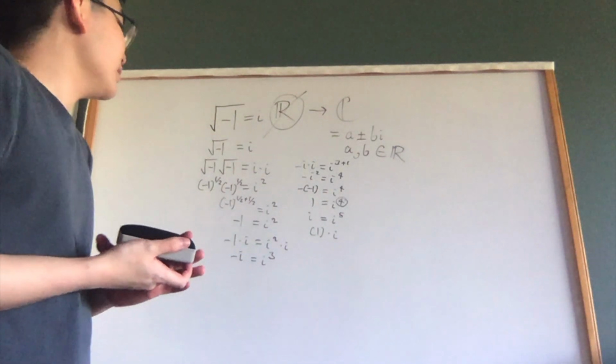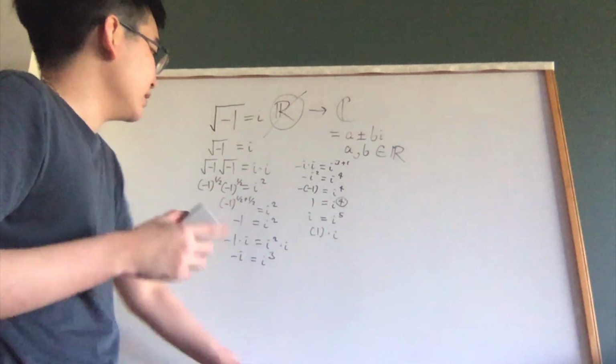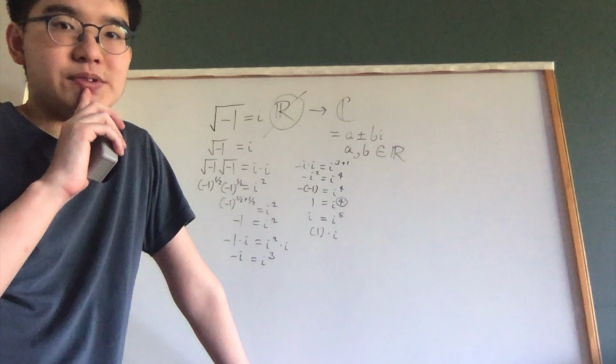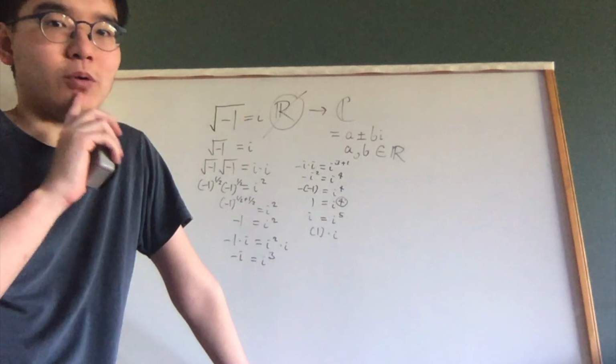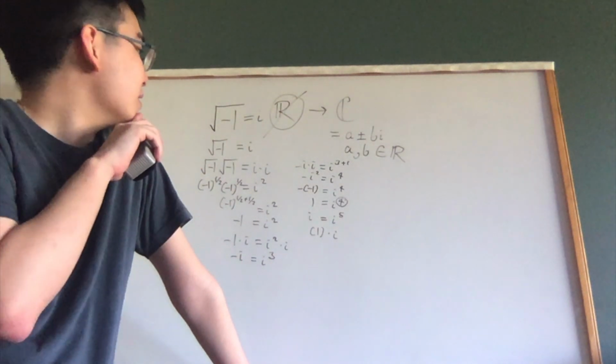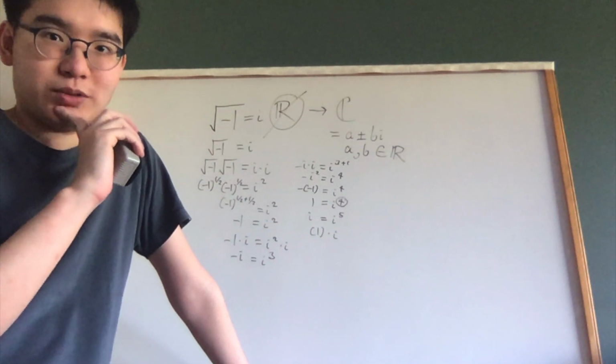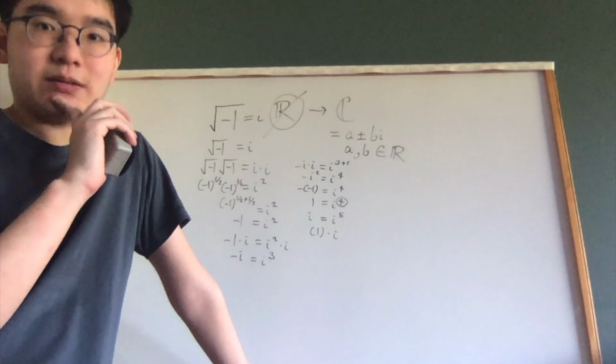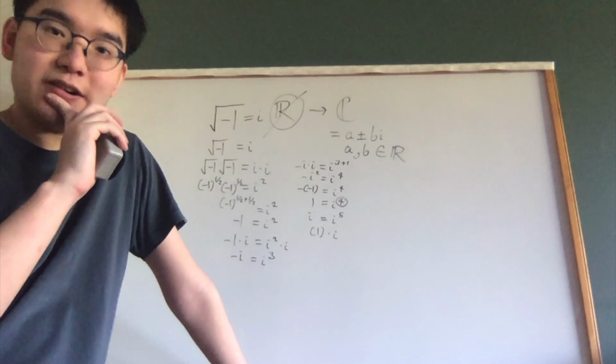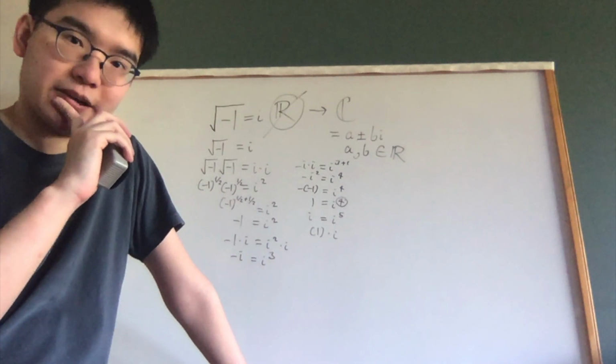Now, I mentioned that you can visualize the powers of the imaginary unit up to power 4 as rotations. I will claim that they're 2-dimensional rotations, and we can represent them in something analogous to a Cartesian coordinate diagram.